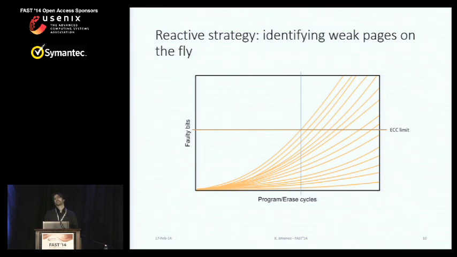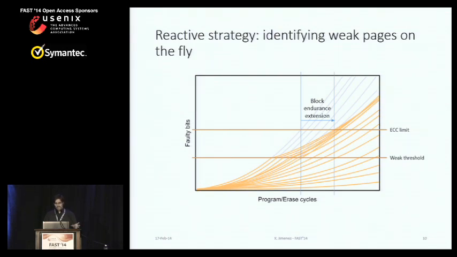We assume some error threshold limit, after which the data or the pages become unreliable, and we introduce an intermediate threshold. This intermediate threshold tells us which pages are likely to be the weakest. The first ones to go through this threshold are likely to be weak. So every time a page flagged as weak is programmed in a hot block, we will relieve it, and we end up with some block endurance extension.